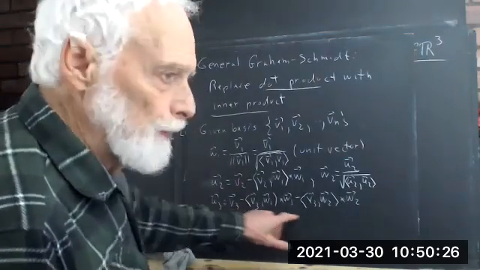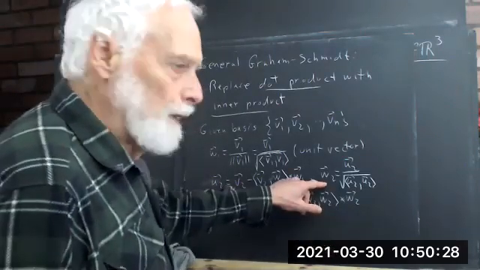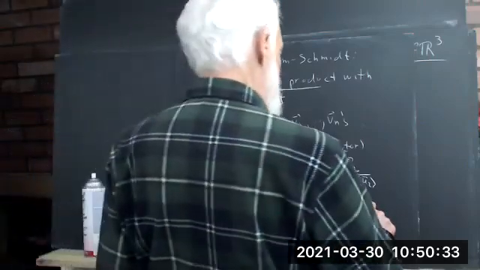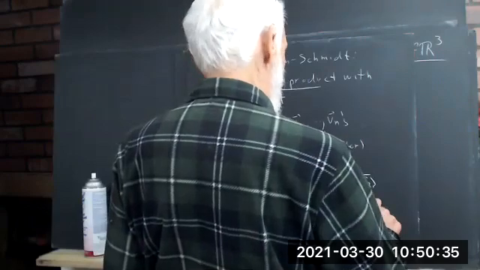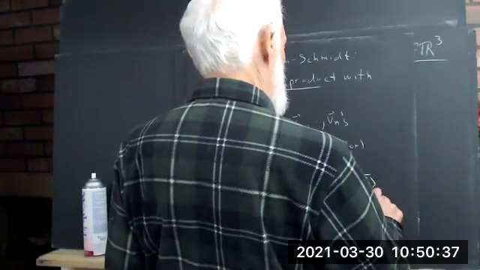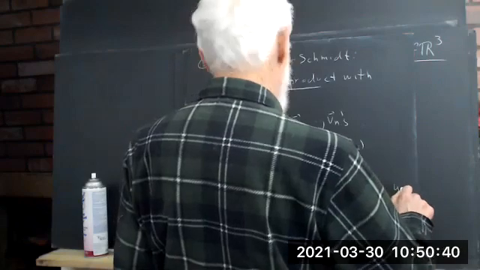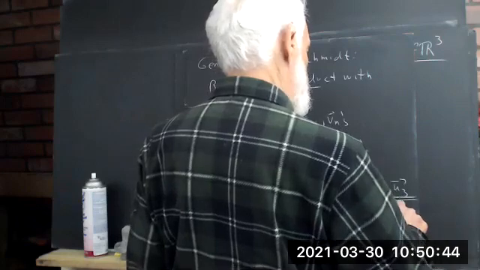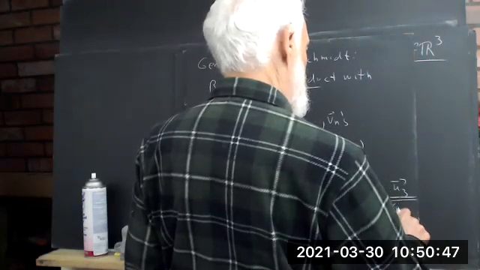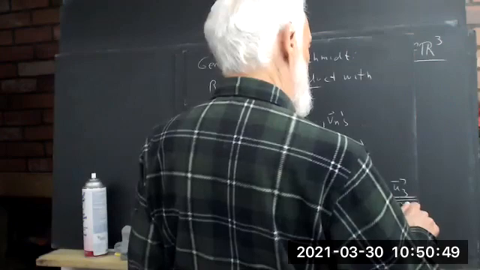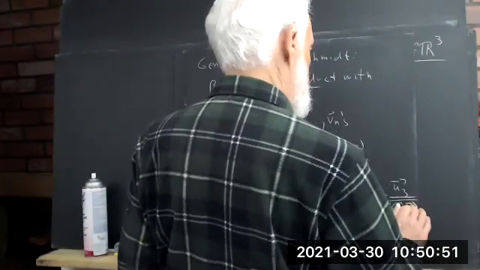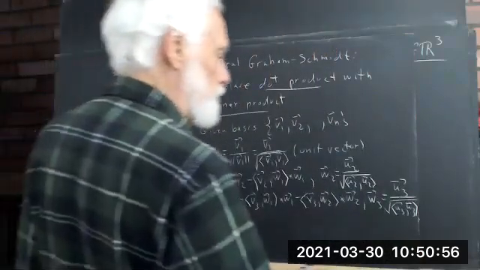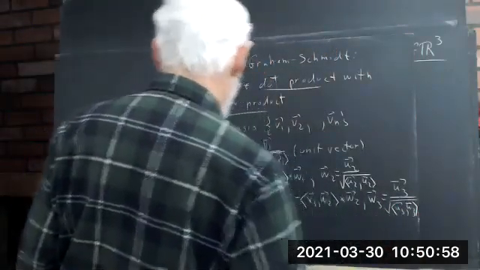And remember, these projections simplify due to the fact that W1 and W2 are both unit vectors. So now W3 equals U3 over the square root of the inner product of U3 with itself. Maybe a little hard to read, but there it is.